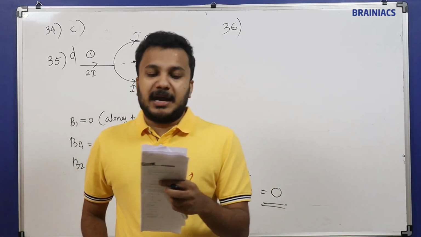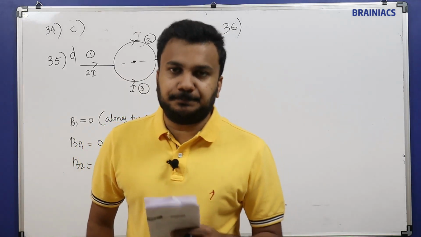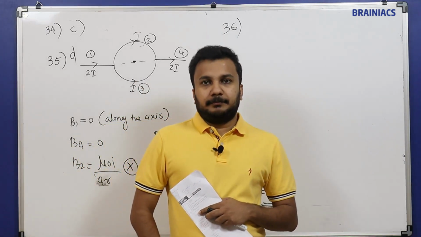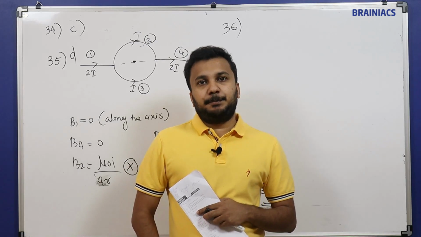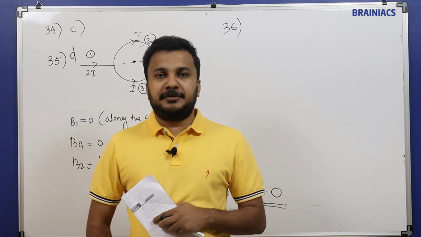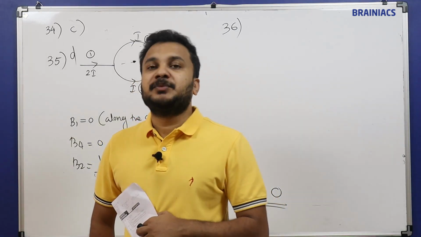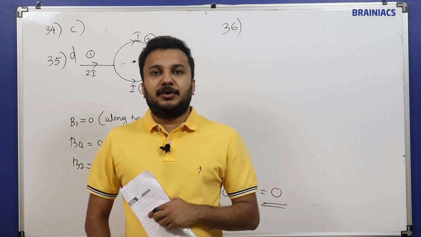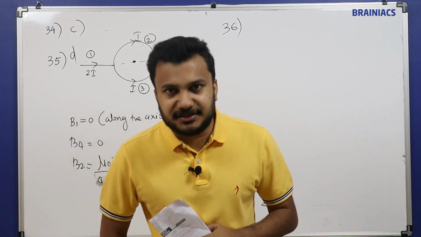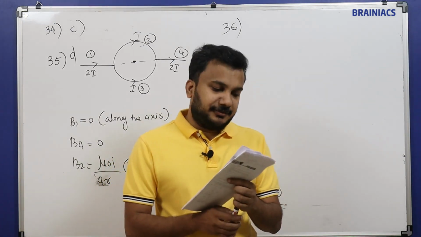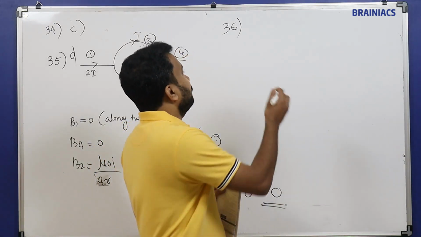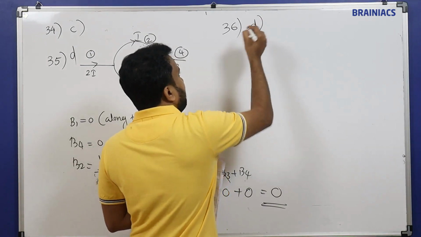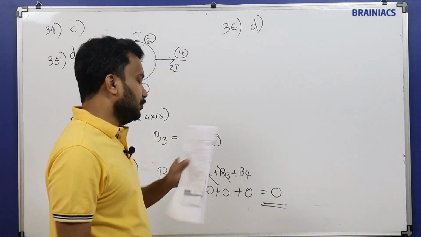Then what is the magnetic field between the plates? So if it is a pure conducting medium, between the plates of a parallel plate capacitor there is no magnetic field. It's a straightforward theory. So answer is D, magnetic field is equal to 0.